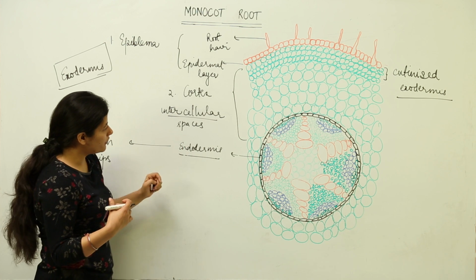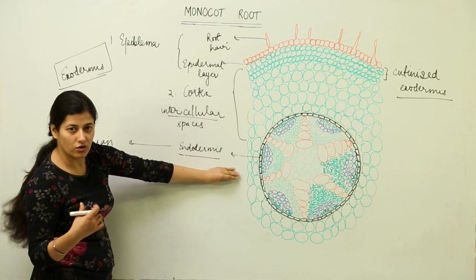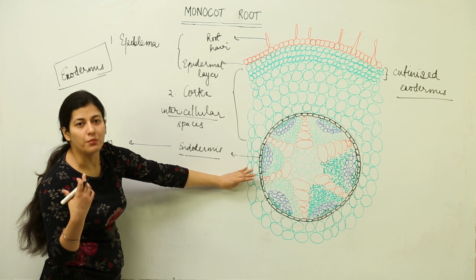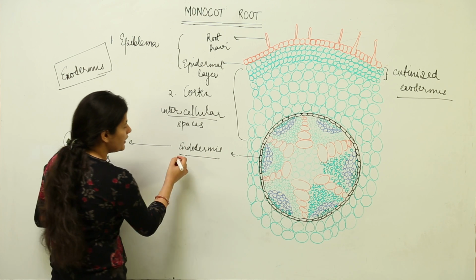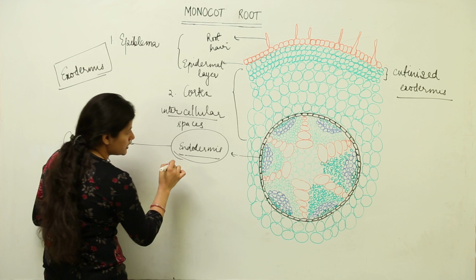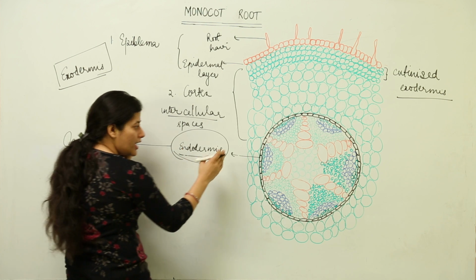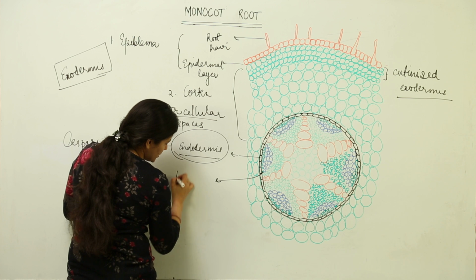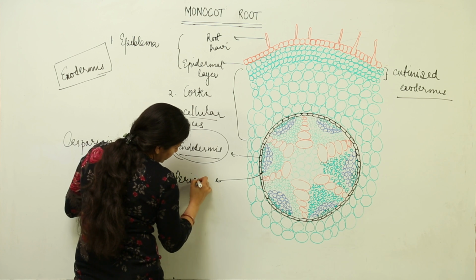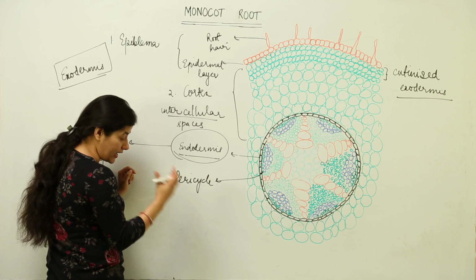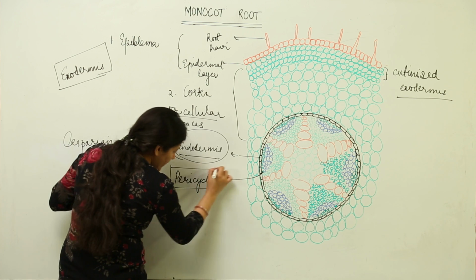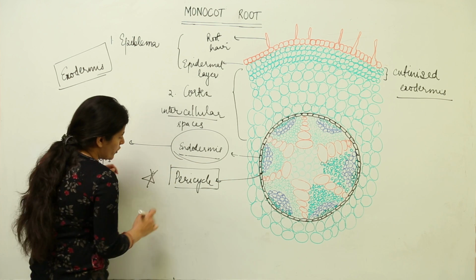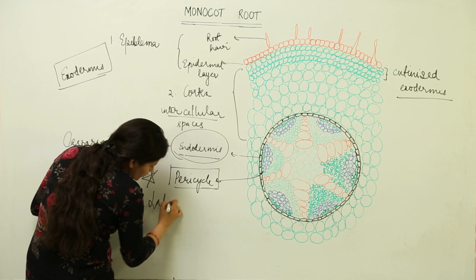Now moving further, till endodermis we had cortex, and you have to remember one more thing: below endodermis in the stele lies the pericycle, which has parenchymatous cells again, and pericycle is the site for growth of lateral roots.